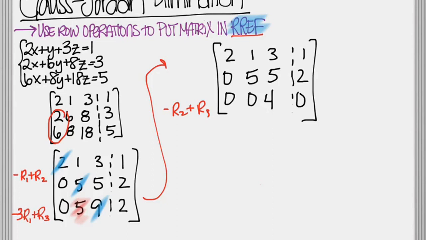Alright, so now as my last step for Gaussian, I need to get the leading ones in every row. So I'll divide the rows by their respective values. So I'm going to do row 1 divided by 2, row 2 divided by 5, and row 3 divided by 4. And this would put me in row echelon form.